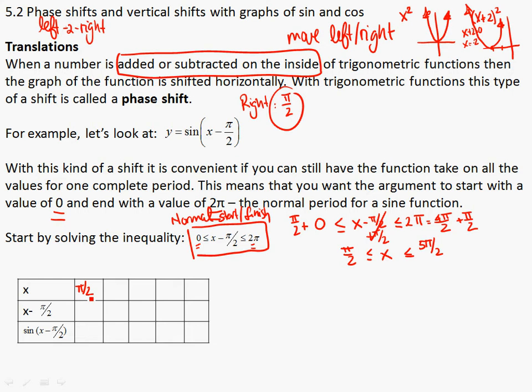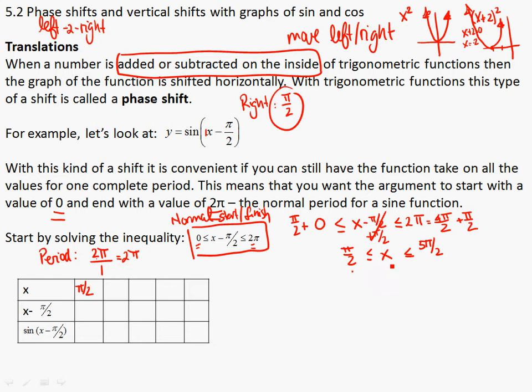Okay. So I would do the phase shift first, and then the next step would be to find your period, although it doesn't really matter for us. So the period here is still going to be what? It's 2 pi divided by 1, right? What's the number in front of the x on the inside? It's a 1. So do you see that the period is still 2 pi? How else could you have found out that the period is 2 pi?